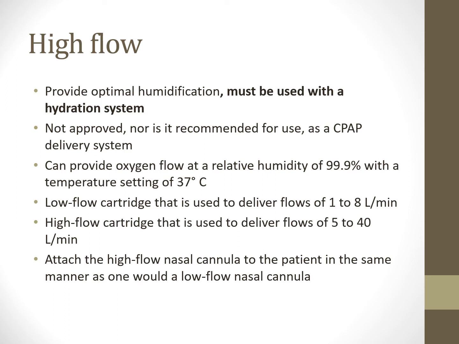But the whole point here is not to give CPAP. The whole point with high flow is to flush out CO2, to flush out dead space, not to provide CPAP, right? So it can give good oxygen percentages, and then low flow is usually around 1 to 8 liters per minute. High flow, 5 up to 40 liters per minute with your adult patients or bigger patients.